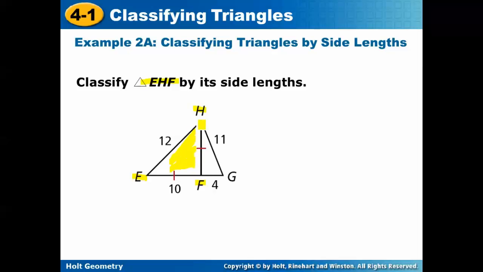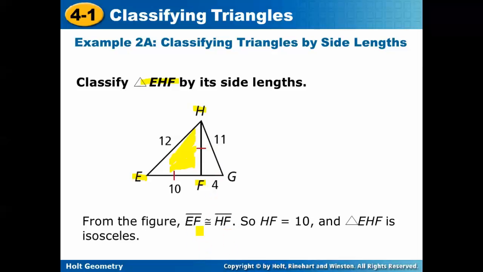We have a measurement of 12, a measurement of 10, and then we don't know what this measurement is. But what we can see is that we've identified it with a tick mark. So we can see that it's congruent to the measurement that's below. So EF and HF are congruent, so HF is 10, so EHF is isosceles because we have two sides of the same. So this is a 10 and this is a 10.